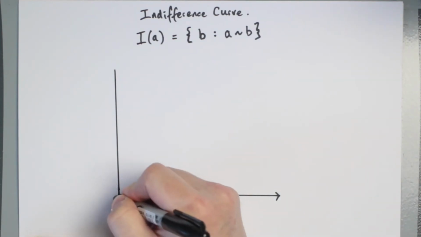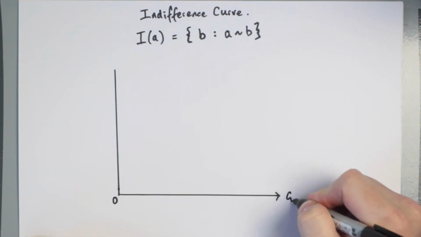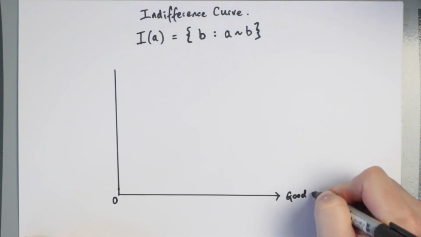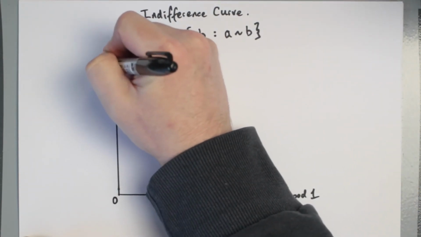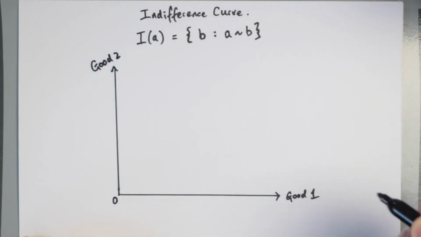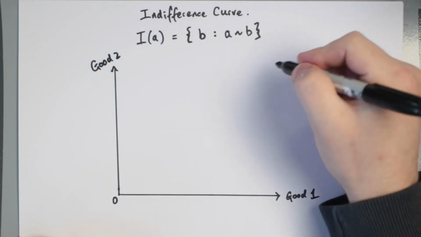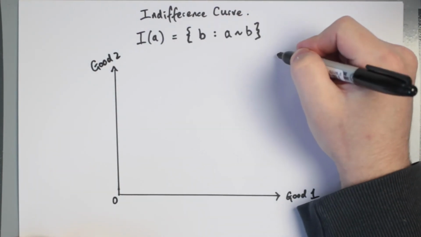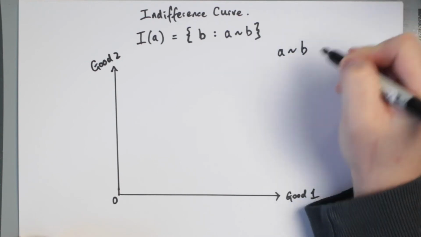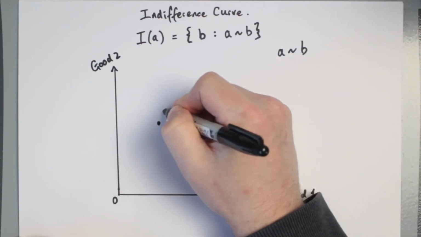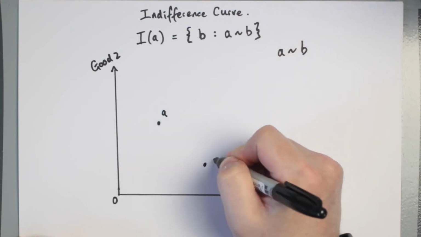So remember, let's label our diagram. There's 0. This axis denotes the amount of good 1 in any particular bundle. The vertical axis denotes the amount of good 2 in any particular bundle. And let's suppose that our consumer is indifferent between 2 bundles, A and B. A is here and B is here.